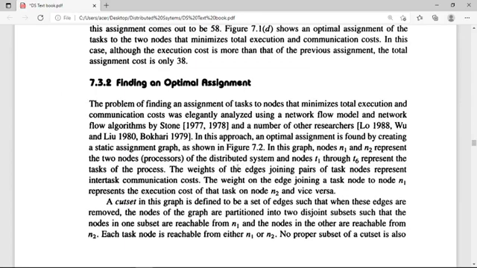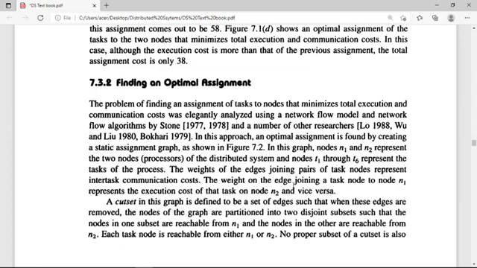Here, the weights of the edges joining the tasks represent the inter-task communication cost. The weight on the edge, you all know, is between two nodes or two tasks.